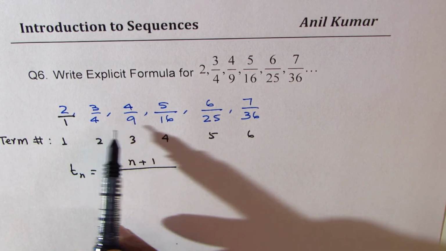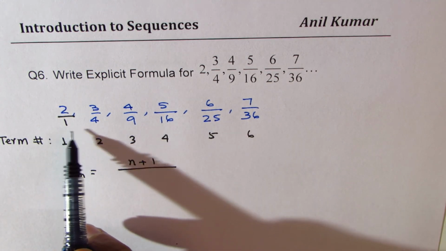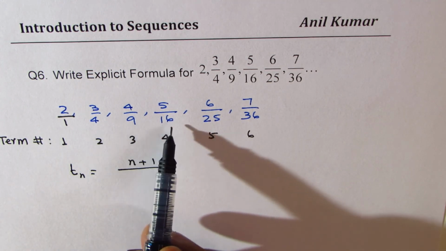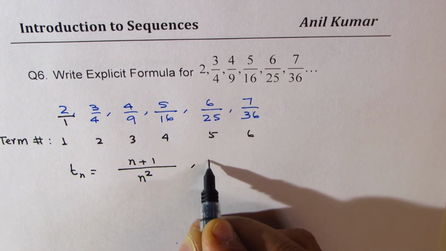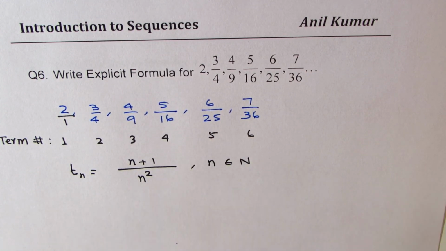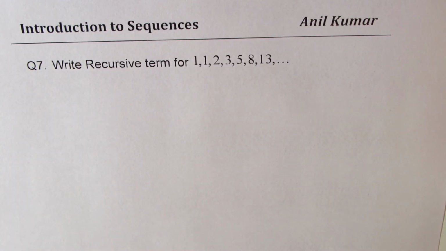So these are squares of natural numbers. 1, 2, 3 square. Fourth term is 4 square. So I could write this as n square, where n belongs to set of natural numbers. Correct? So that is how you could write this particular sequence. So I hope it is simple, right?